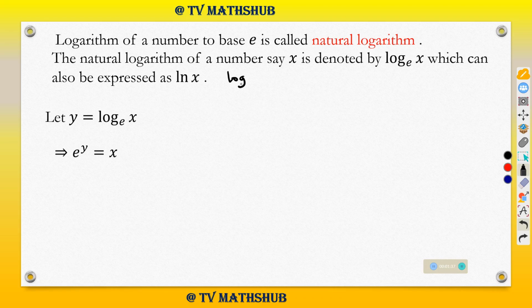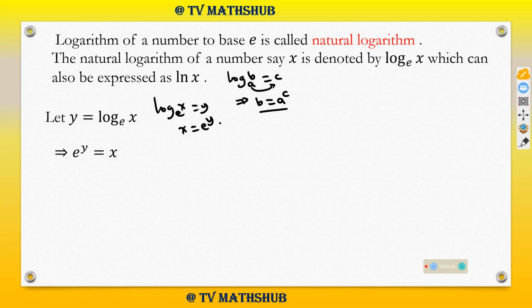If you have log of b to the base a equal to c, then it implies that b will be equal to a to the power c. So if log e of x equals y, then x is e to the power of y.